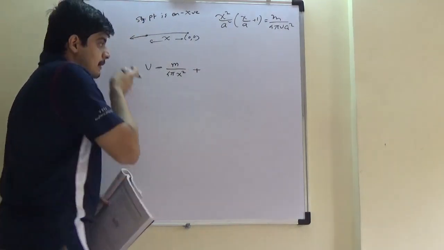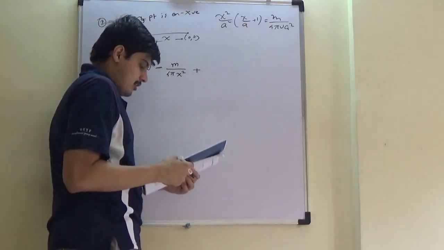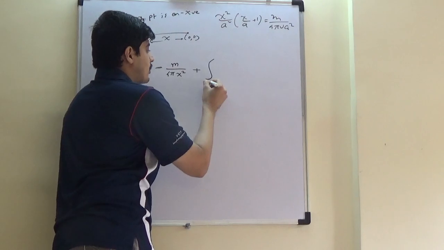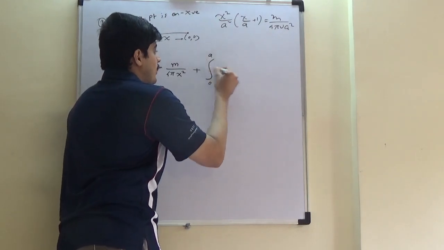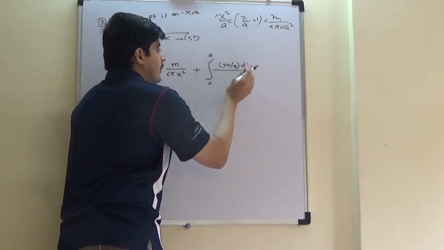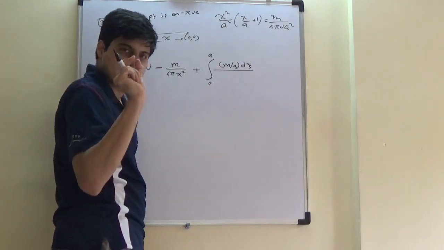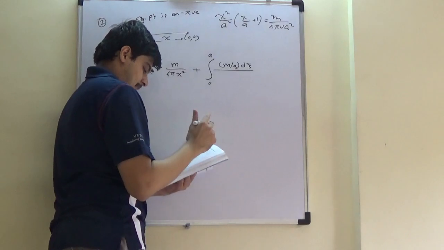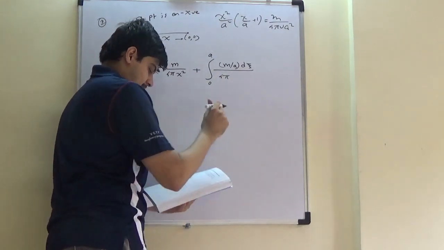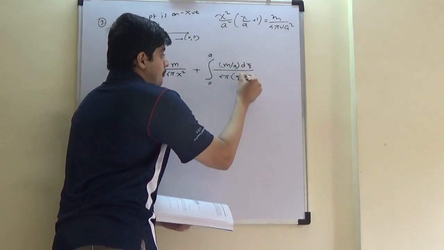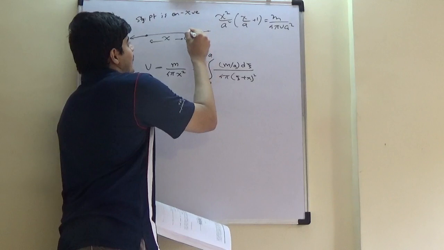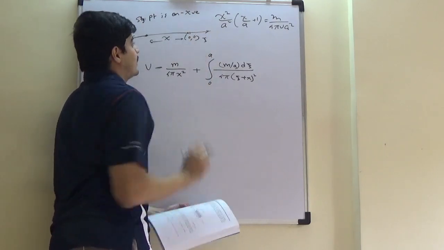Plus the introduced velocity of the sink in this direction, and this is most important, zeta varying from 0 to A, m upon A d zeta, the strength of an infinitesimally small sink, divided by 4 pi zeta plus x square, because x and then this local coordinate zeta.